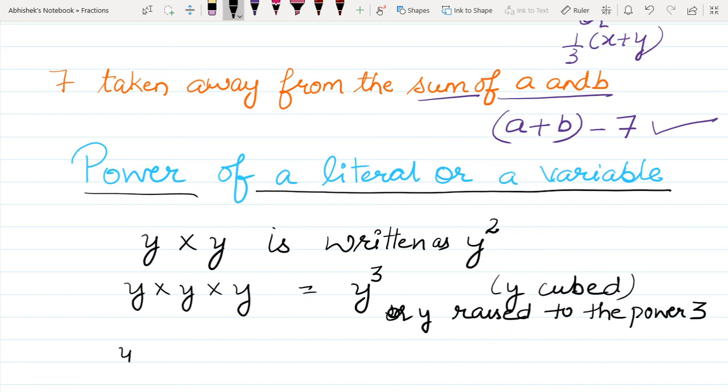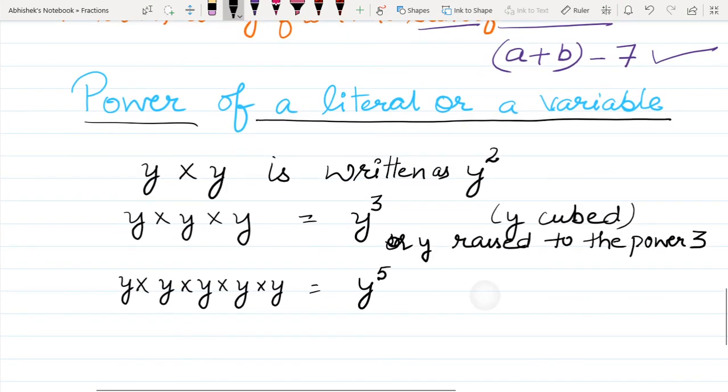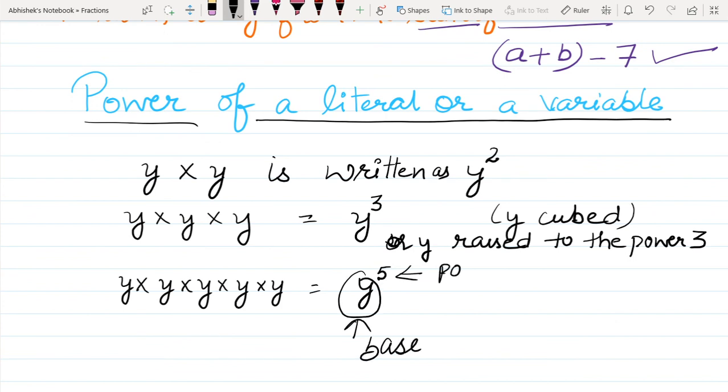If it is y into y into y into y into y, here it is 5 times, so we will write y raised to power 5. So this is the power of a literal or variable. Now this y is known as the base and this 5 is known as the power, or you can say exponent.